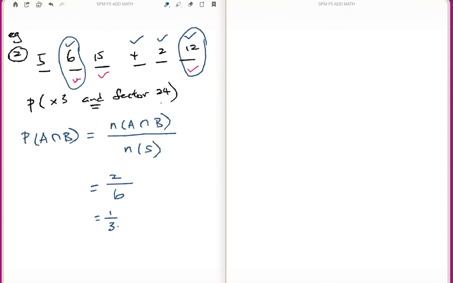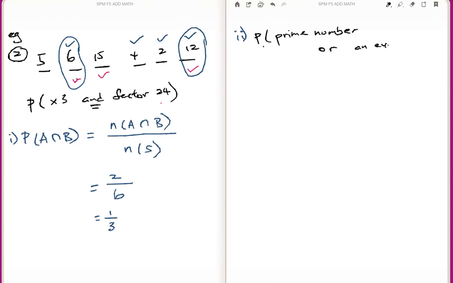So that was example part 1. Maybe part 2 they say find me the possibility so that it is a prime number or an even number.